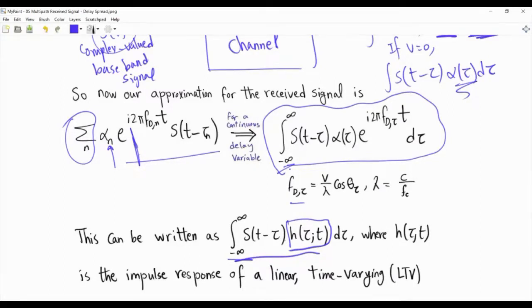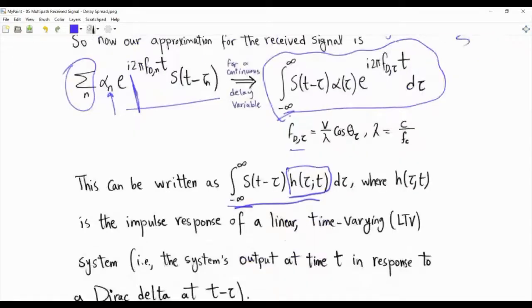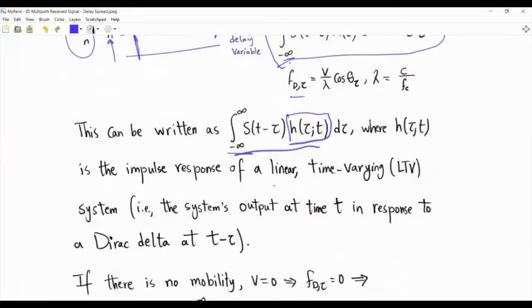This will be the impulse response not of an LTI system, but of an LTV system. This is an example of a linear time varying system, characterized by an impulse response that depends not just on one parameter but on two, to account for the variations in time.